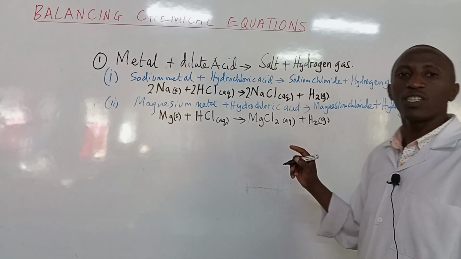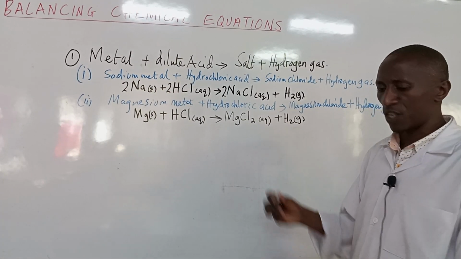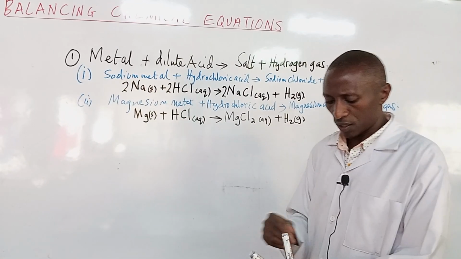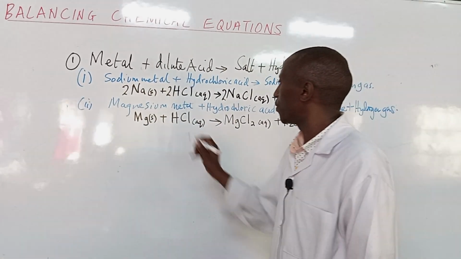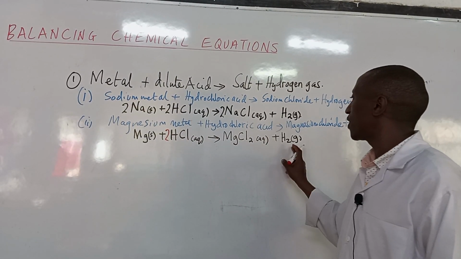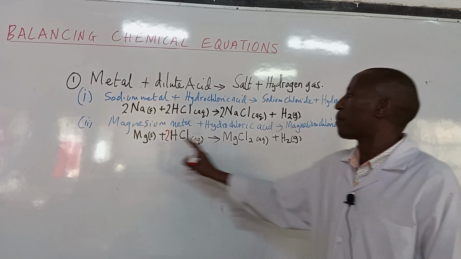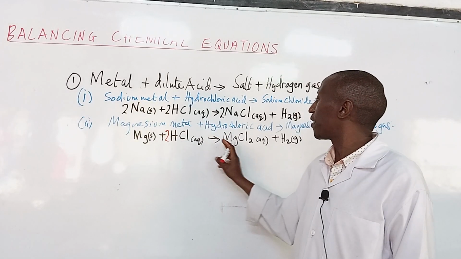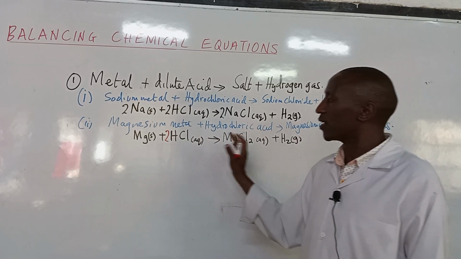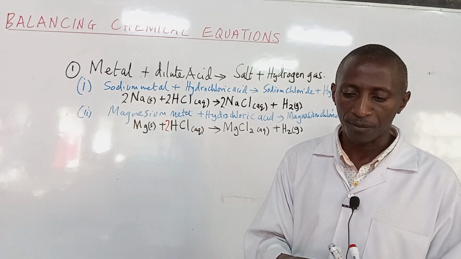Once more, the hydrogen is diatomic. Now, we have 2 atoms of hydrogen here against 1. So we put a 2 here, and that balances the 2 hydrogens, and automatically 2 chlorines. The magnesium atom is 1 here and 1 here. That creates a balanced chemical equation for that.